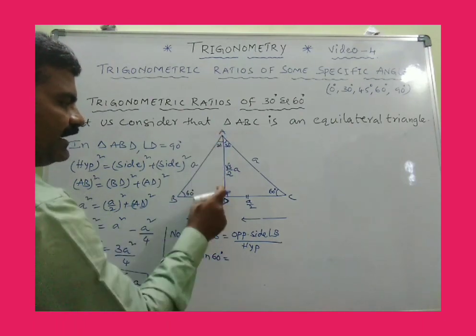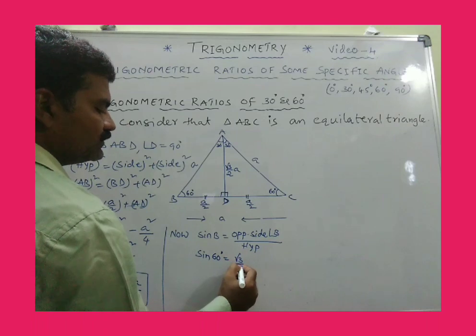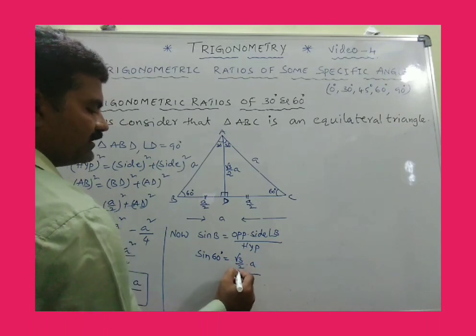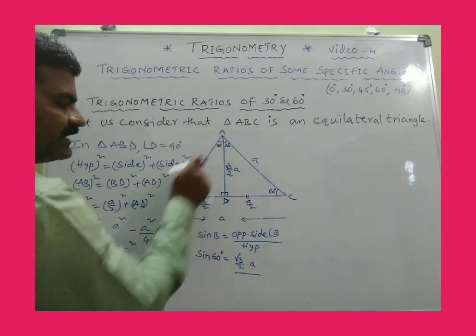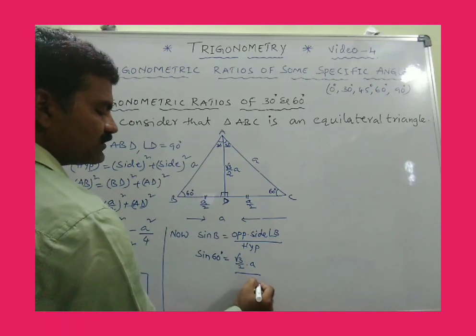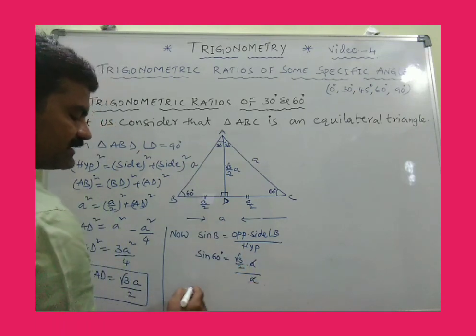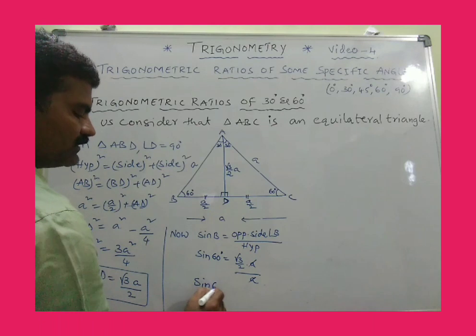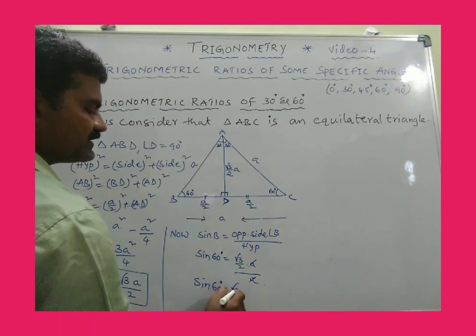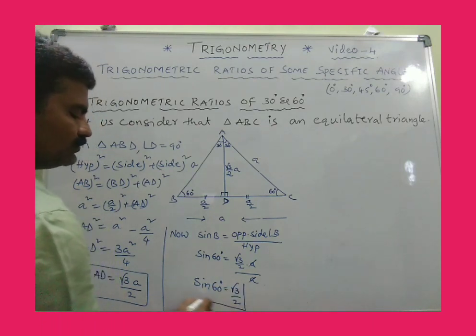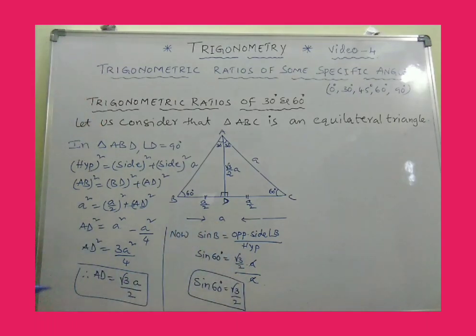Opposite side is AD, whose length is root 3 by 2 into a, by hypotenuse, which is AB, whose length is also small a. Hence a gets cancelled. Therefore, sine 60 degrees is equal to root 3 by 2.